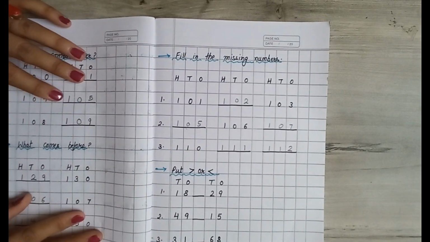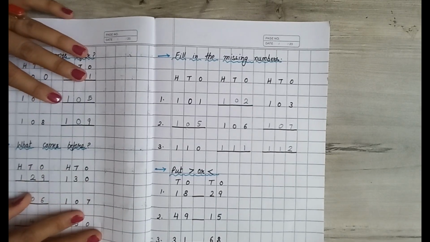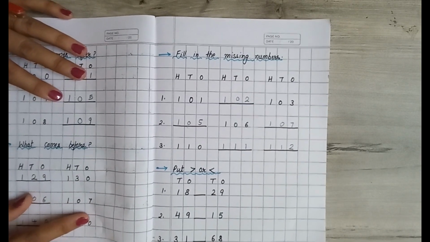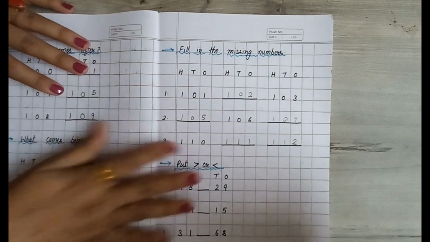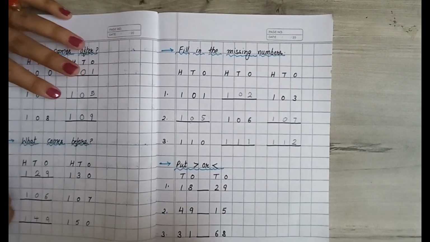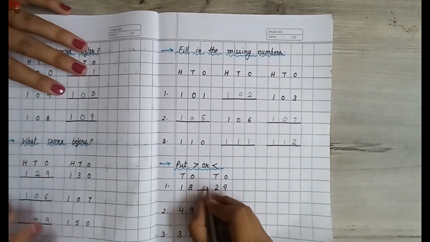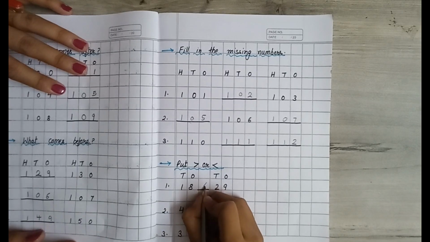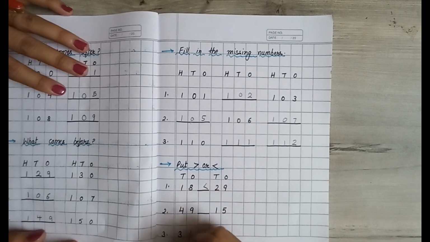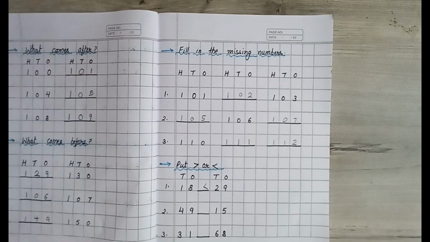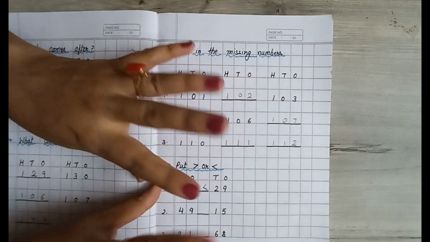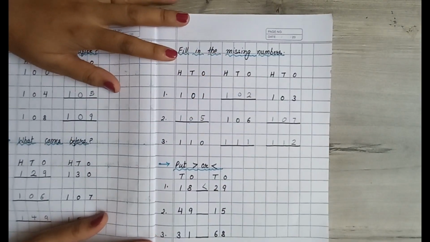And next, put greater than or less than sign. Okay. It's my favorite. Okay, which one is greater than? Where will the crocodile's mouth open? Crocodile will eat 29 because he is a hungry monster.